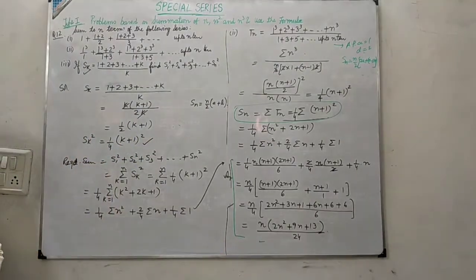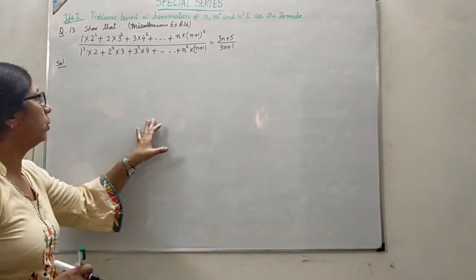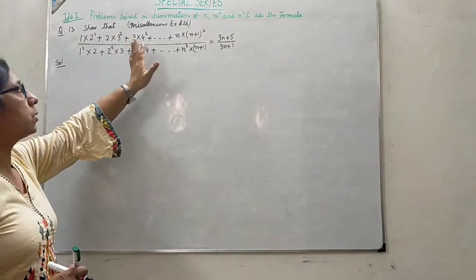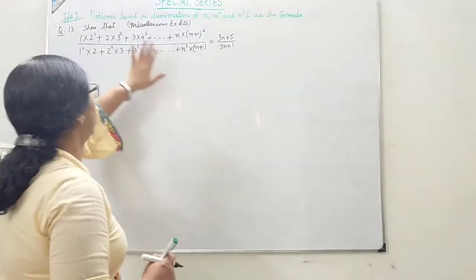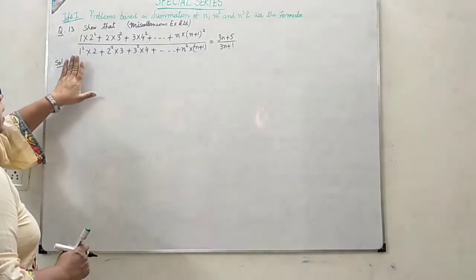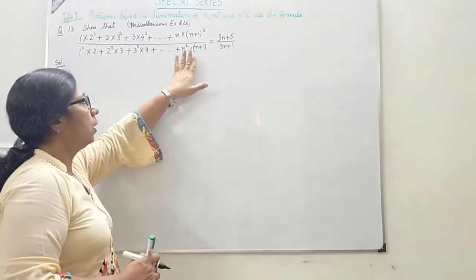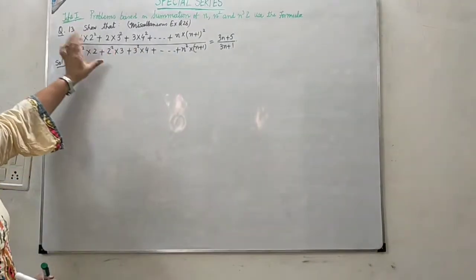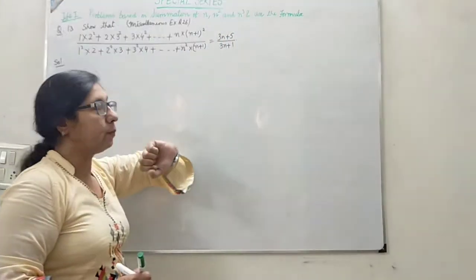Dear students, you can see a question on the board, that is 1 into 2 square plus 2 into 3 square plus 3 into 4 square up till n into n plus 1 whole square. There are n terms in the numerator, and then 1 square into 2 plus 2 square into 3 plus 3 square into 4 up till n square into n plus 1, all in the denominator, and you want to simplify this as 3n plus 5 upon 3n plus 1.